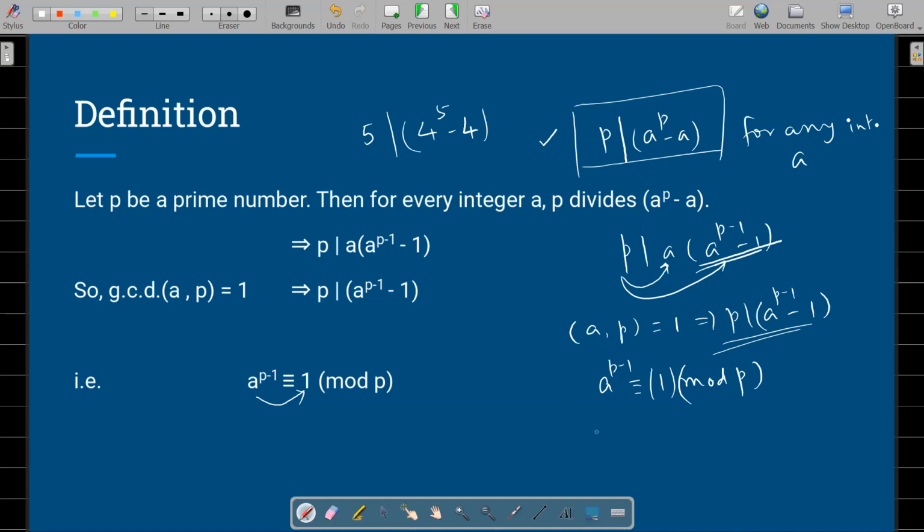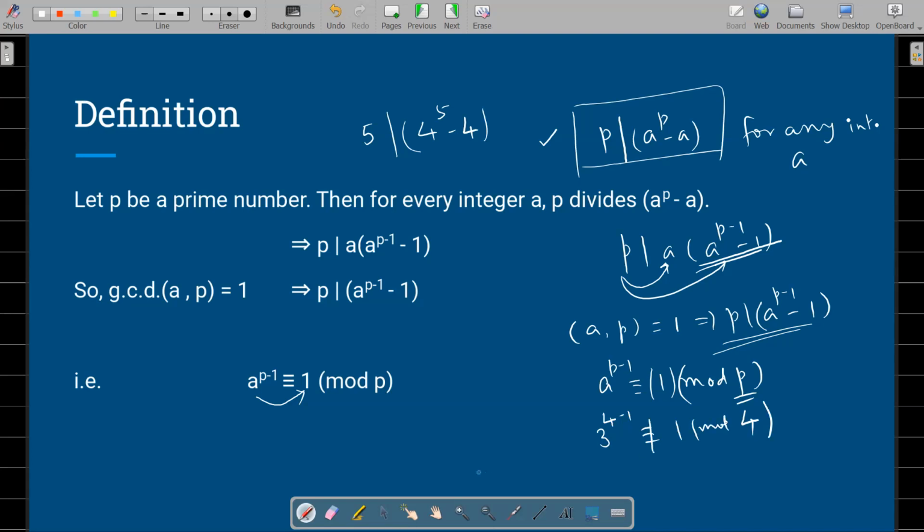Okay. So this is true for prime, but more generally for any n, it's not true. Like for example, suppose instead of p, I take 4, which is not prime. Then you try 3 raised to 4 minus 1, it is not congruent to 1 mod 4. You can try it for composite numbers.